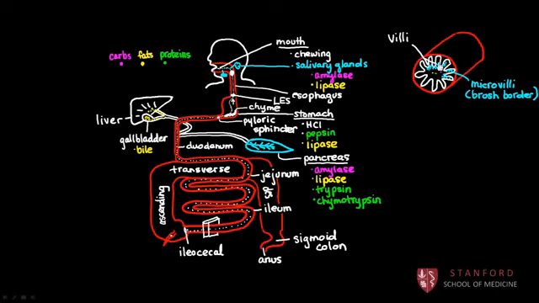Now, just to give you another view of what the small intestine looks like, what happens if I were to give you another cross-section that looks like this through the wall of the small intestine? What if we were to slice it open? What you would see, you have your muscular wall here, and here are your finger-like projections called villi.